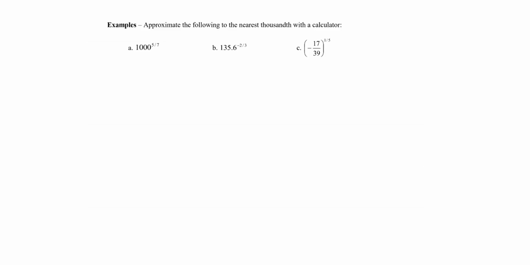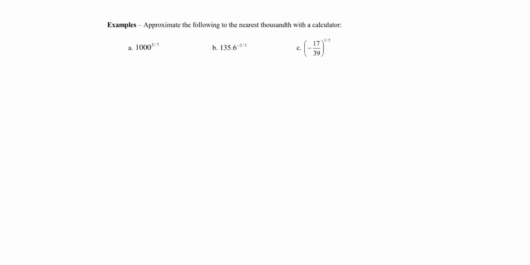And I typed it in and I got 138.9495494. However, again, they want us to round to the nearest thousandths, and because it's not a perfect root, in this case, 7th root, it's going to go on infinitely without repeating in a pattern. So you want to expect a long decimal number.